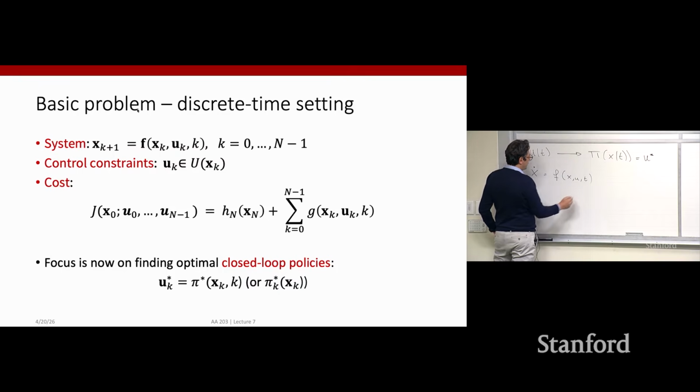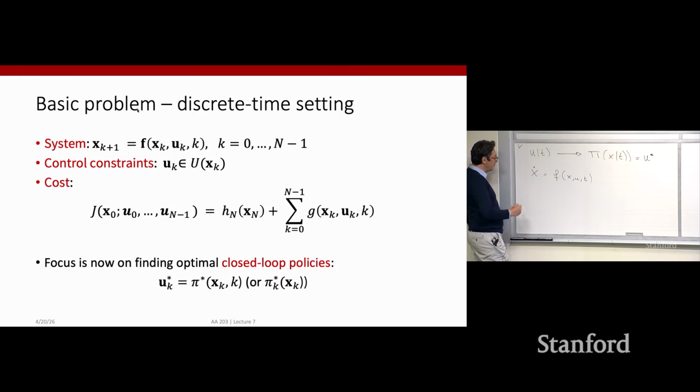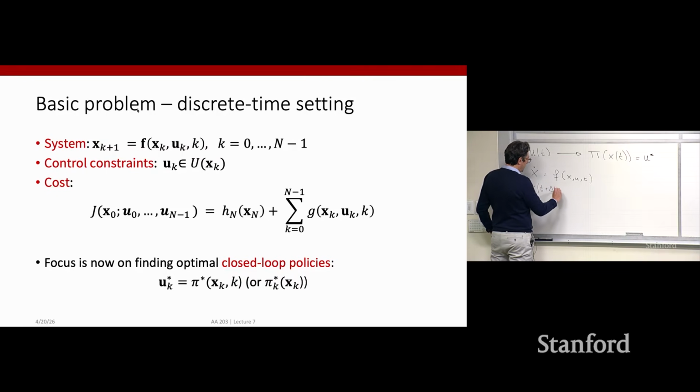So say that your dynamics are given by x dot equal f of x, u, t. Dot, remember, is derivative with respect to time. Then the derivative can be approximated as x of t plus delta t minus x of t over delta t.